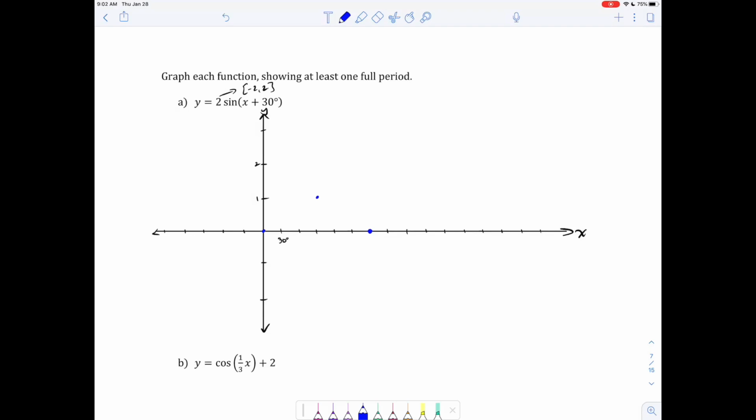At 180 degrees, it's back to 0. And 3 tick marks later, it's gone to -1. And then finally, at 360 degrees, it's back at 0. So we can sort of connect the dots, but this will be a dotted line because this is definitely not our finished product.